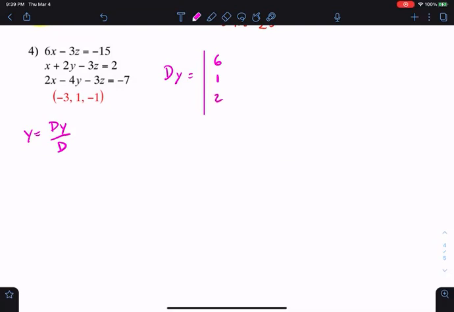So for y, I don't have anything in the first equation, but I'm gonna put a -15 from the right side of the equation. For this second equation, we have 2, and for the last, we have -4. And then for c, we have to keep the columns as they are. So -3, -3, and -3. Right?